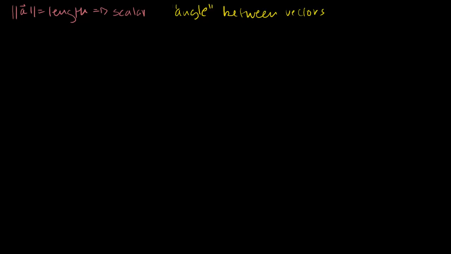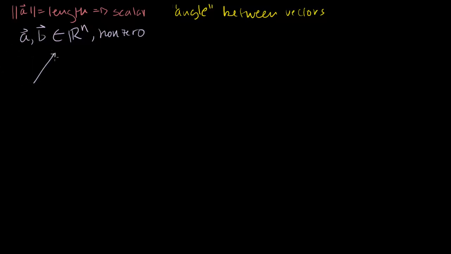So let's say I have 2 vectors, vectors a and b. They're non-zero, and they're members of Rn. I don't have a notion of the angle between them yet, but let me just draw them as if I could draw them in 2 dimensions.